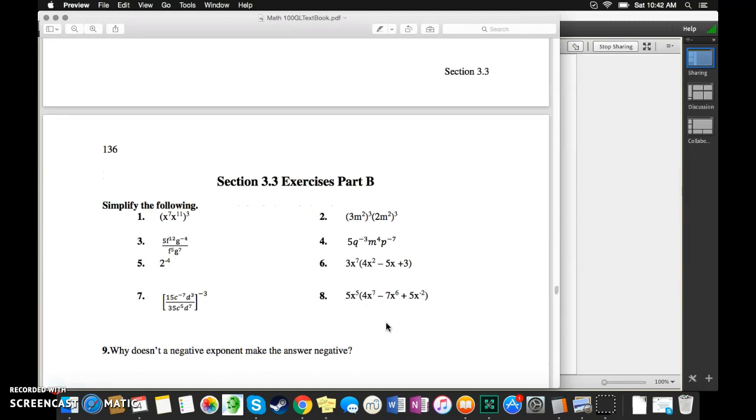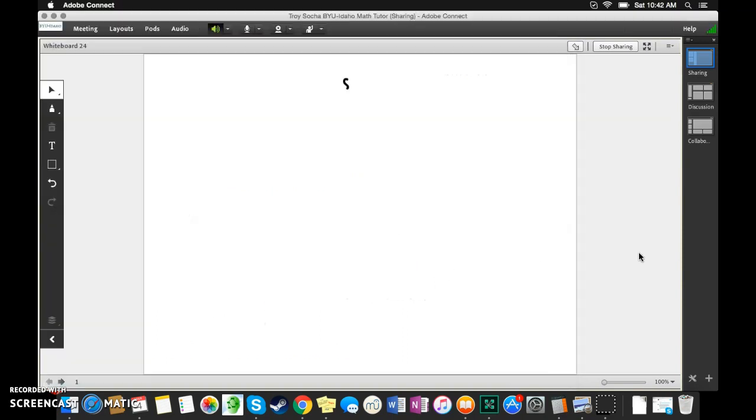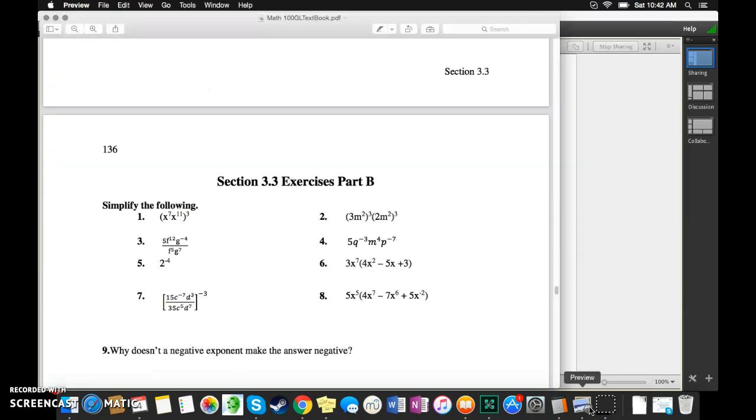Let's simplify the following. Let's simplify number 7. So number 7 says 15c to the negative 7, d to the 3.